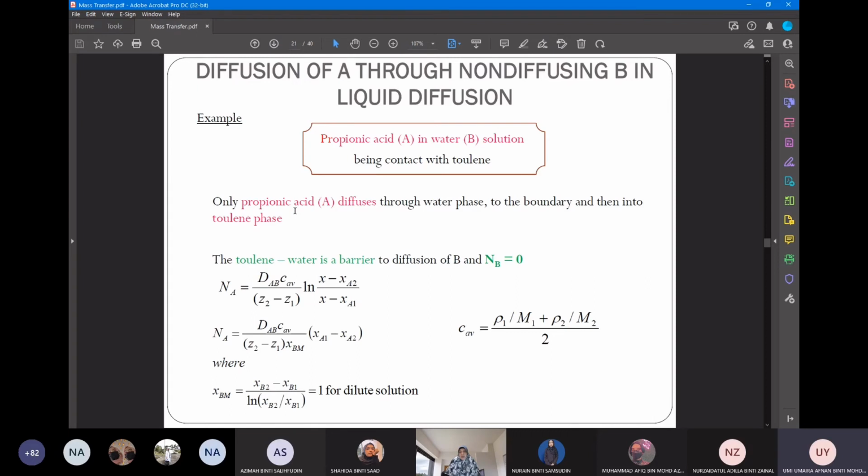We are talking about, let's say, one example here that represents a component, a solute A, diffusing through the water phase. If you are dealing with gas absorption using the packed tower case, the equation that you need to use is this equation.